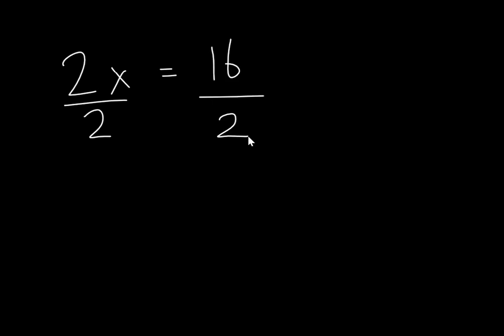Now multiplication and division. 2x is equal to 16. If you remember from the first class, 2x is equal to 2 times x. To get rid of this, we need to divide both sides by 2. The 2 in the numerator cancels out with the 2 in the denominator, and you get x is equal to 8.